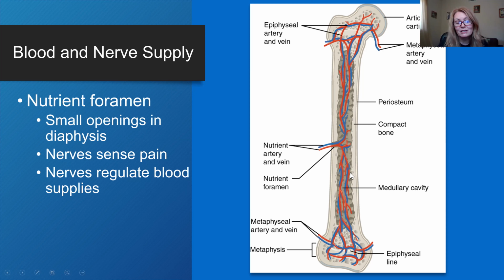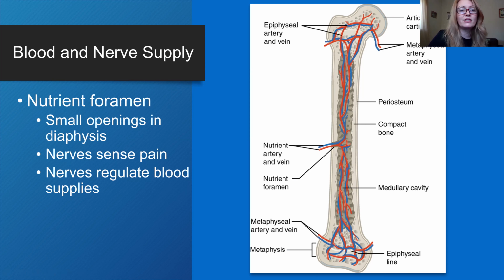So all those living cells require oxygen and nutrients, and through metabolism, they produce waste products that need to be removed. That's why we need blood supply.